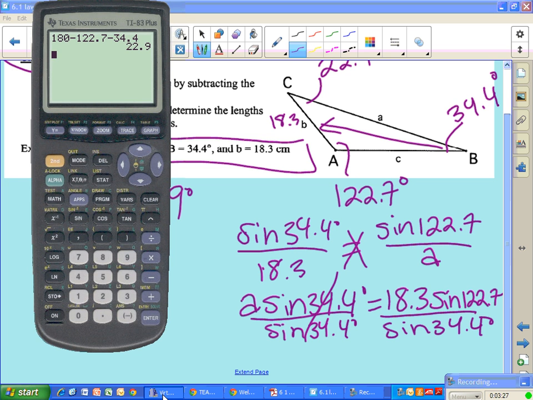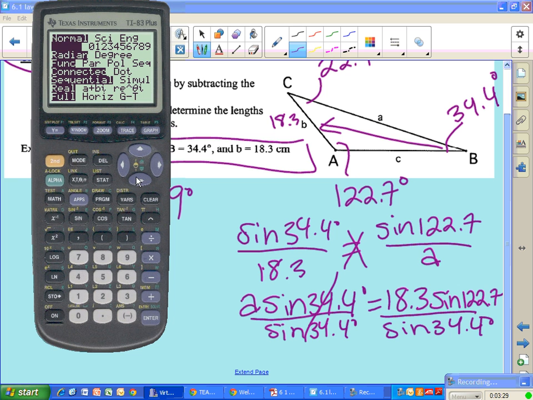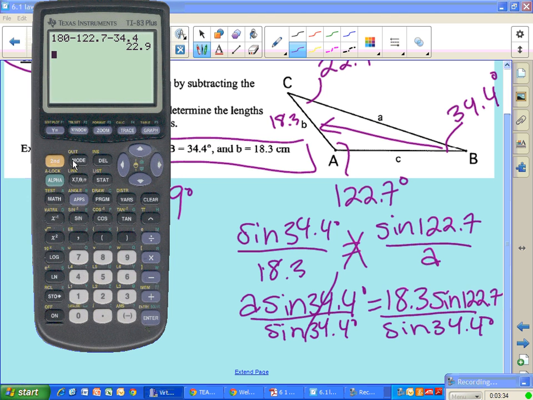To plug this into a calculator, you have to make sure that you are in degree mode. So hit mode, hit enter on degree. I have 18.3 times sine of 122.7.